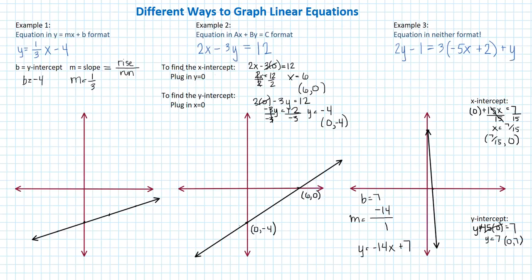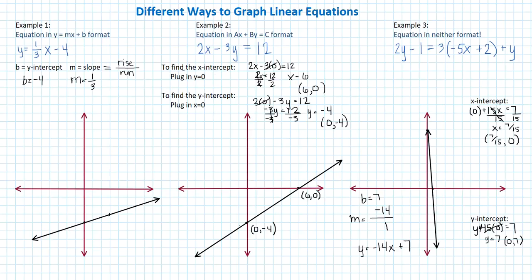So before we're totally finished, let's just take a look at how it would have worked if we had tried to get y equals mx+b format in the first place. So we would have wanted to move all of the y's to one side of the equation and everything else to the other side.